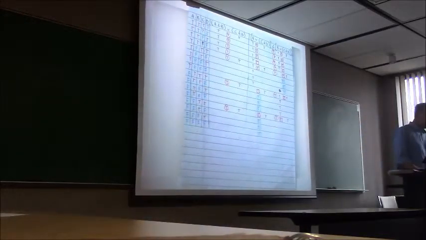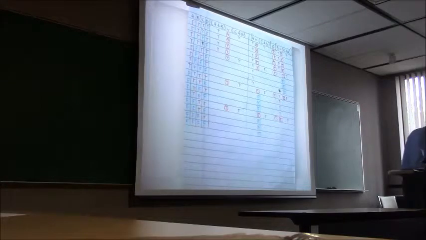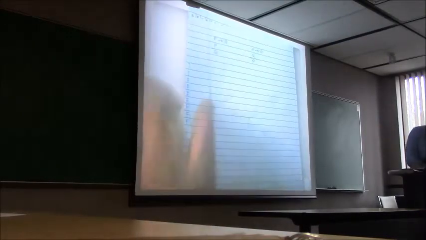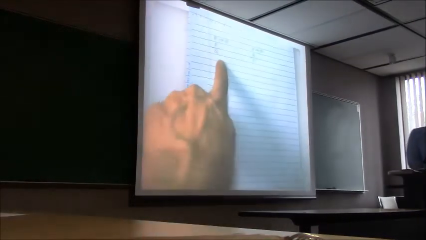Now, that's the idea behind using a truth table to test for validity. So, let's consider two arguments. Here they are. What's this one called?